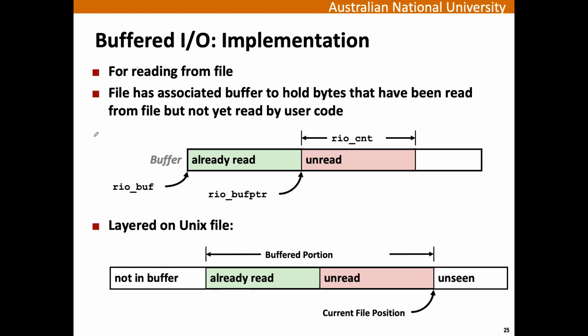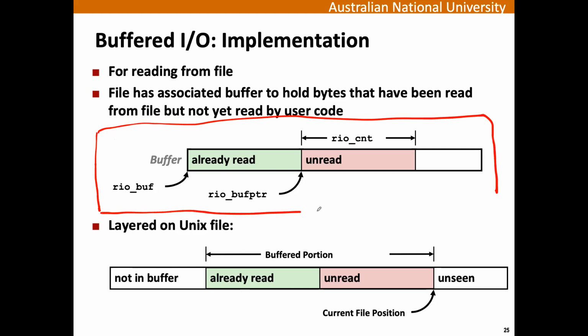So you have this buffer, and the key idea is this buffer is different from the buffers we have seen before, where the kernel copies the bytes read from the file. This is a buffer that is maintained by the RIO package. This is the name of the buffer. This is the buffer itself.